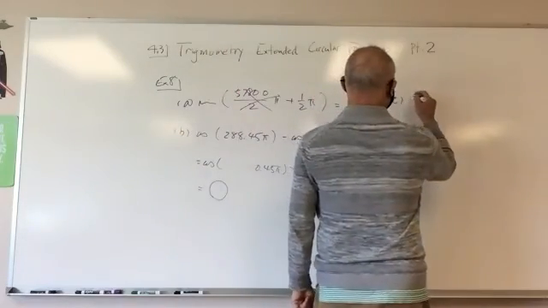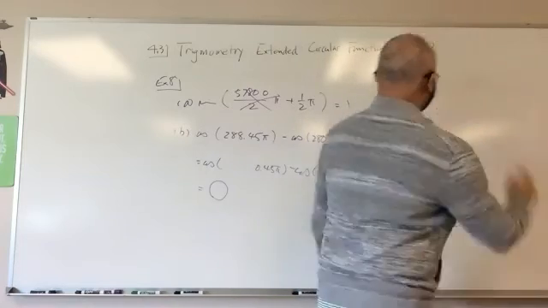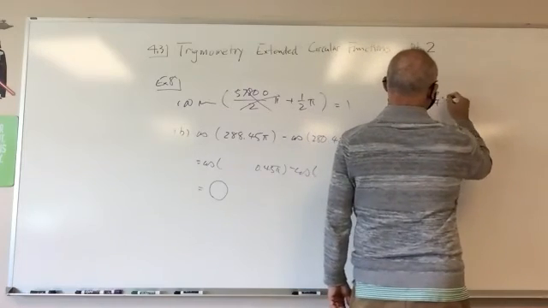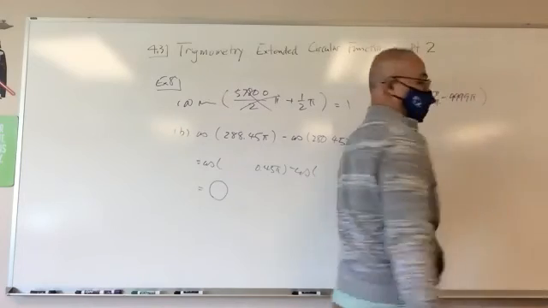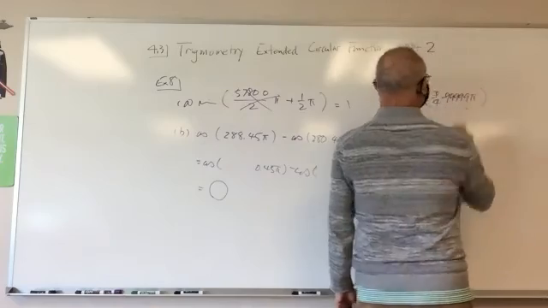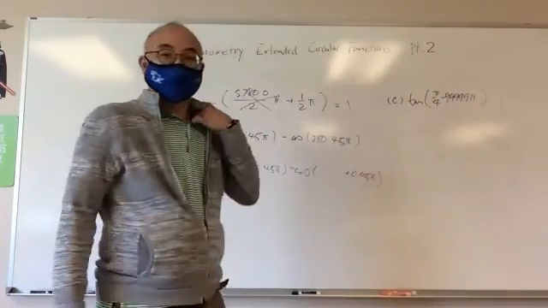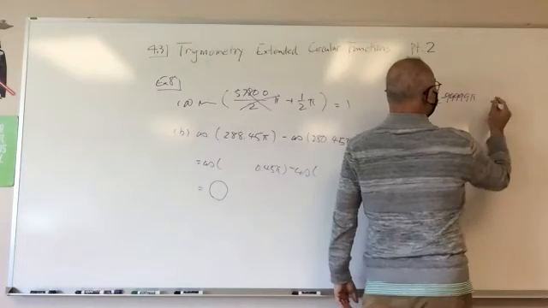And then last but not least, I have tangent of pi over 4 minus 9999 pi. Oh, there's one more 9. What the heck? All right. Okay, so I can add multiples of 2 pi's here, right?